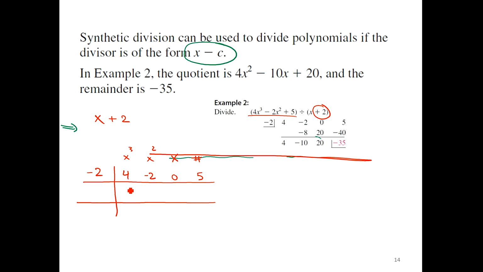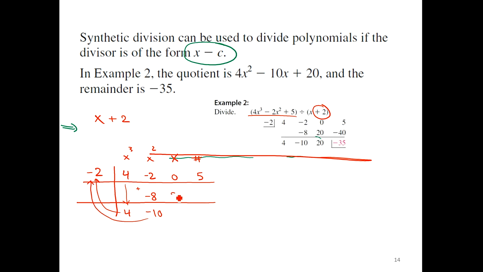Now firstly bring down the 4. Now multiply 4 by negative 2. This is equal to negative 8, so put negative 8. Add this one, we have negative 10 by addition. Now also multiply this one by negative 2.